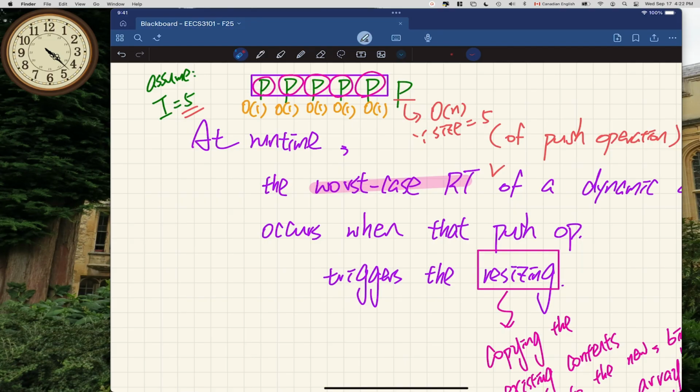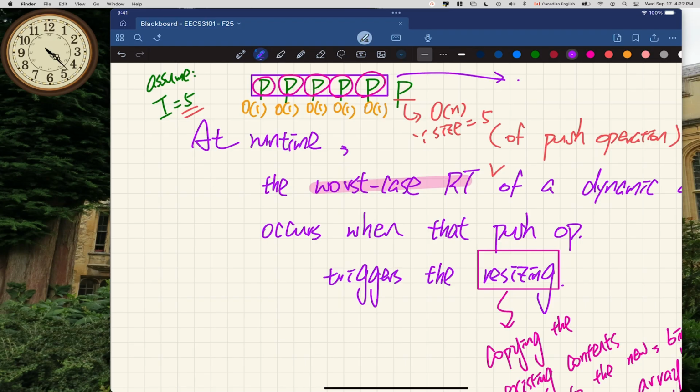So my point is, in this case, it doesn't really make sense to only look at one particular push in isolation. That's the worst case. You can also answer that, but I'm saying it is more fair, to evaluate the resizing strategy, to look at a series or sequence of pushes to see what's the average. That's something we're going to do mathematically to be more precise.